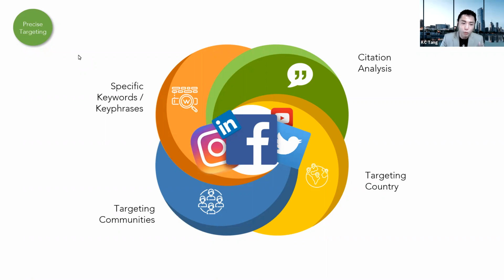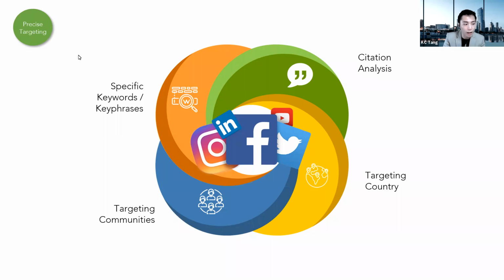Then what we should do next is a citation analysis. You cross-check these keywords with a citation analysis database like Dimensions or Scopus or Web of Science to find out which are the top countries that have a high citation output within their keywords.